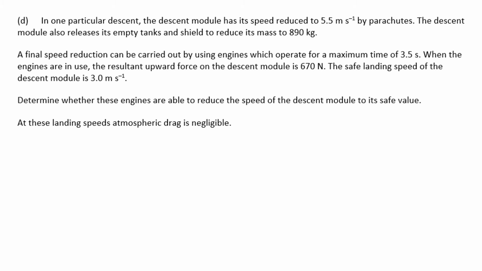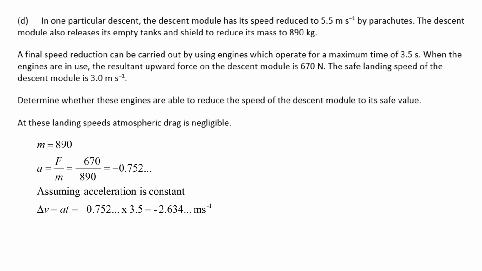Okay, so first of all, again, we're going to assume mass is constant approximately during this stage. So we're going to calculate what the acceleration is using the force and using the mass. And if we assume acceleration is constant, you should know the change in velocity will be the acceleration times time.